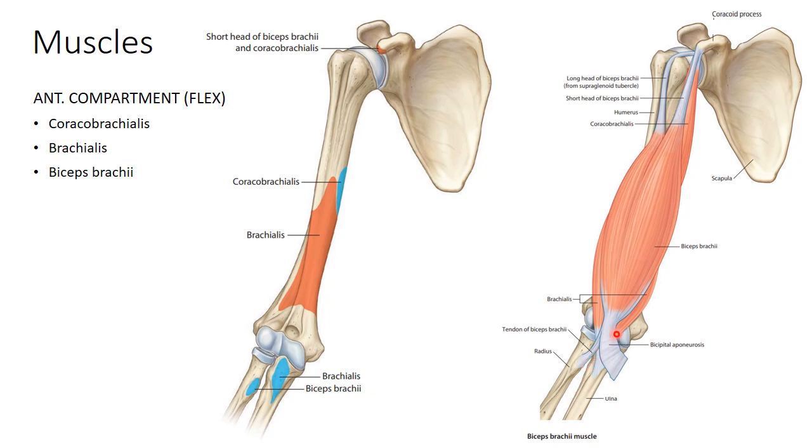The biceps is the most powerful flexor when the elbow is extended, of course. And at the same time it is the most powerful supinator, performing supination of the forearm, but when the elbow is already flexed.